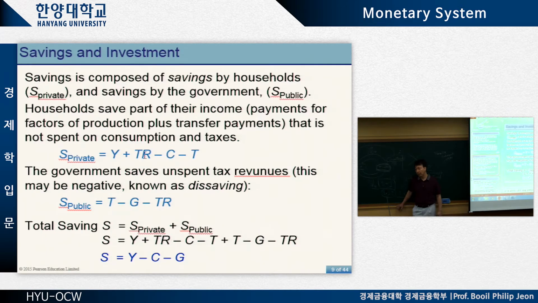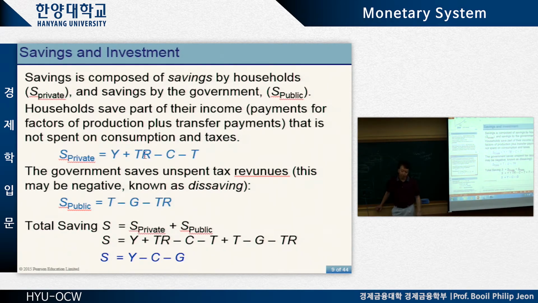It's not the payment for any goods or services or resources, right? But simply they receive it from the government. Examples are pension payment, welfare payment, veterans payment, right? Whatever, just the government transfers to the household, right?